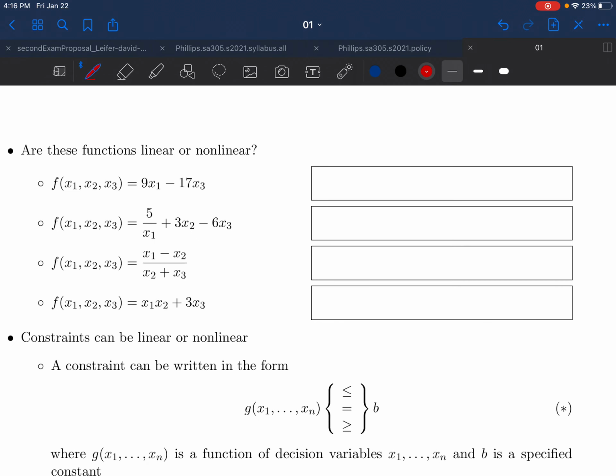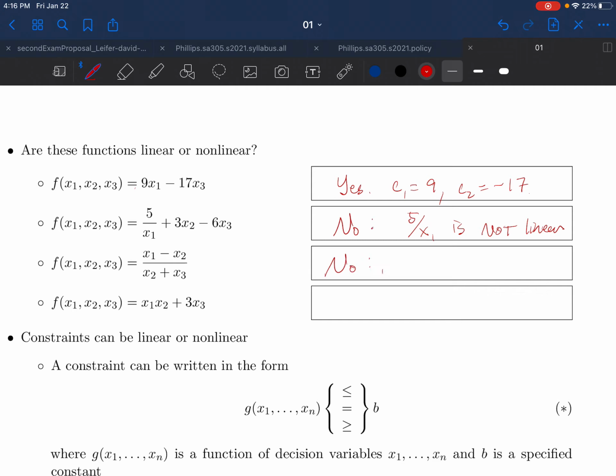So let's just see it here. Is this function linear or not? Yes, this is linear. In this case, C1 equals 9, C2 equals negative 17. Here, no. 5 divided by x1 is not linear and can't be expressed that way. No again.